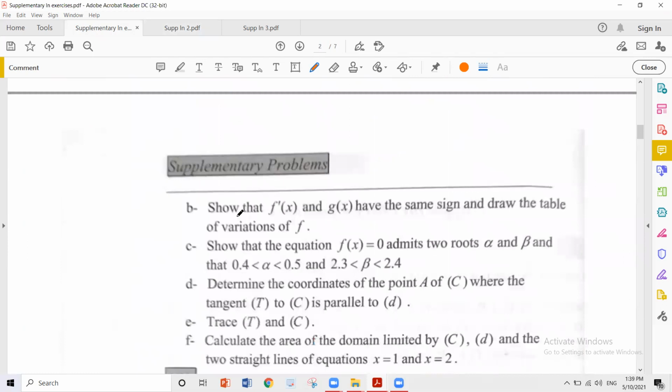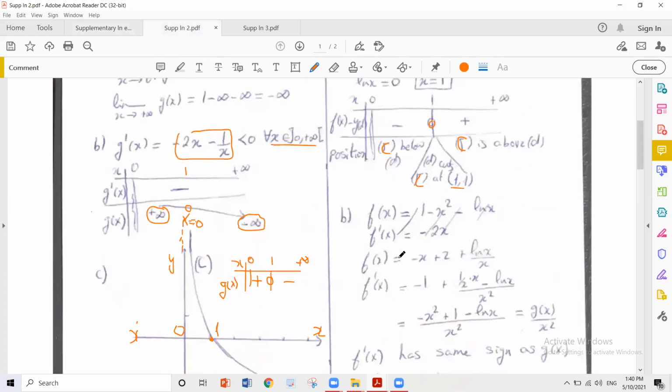Show that f prime x and g(x) have the same sign. How to prove that f prime x and g(x) have the same sign? We determine f prime x. So f(x) equals minus x plus 2 plus ln x over x.